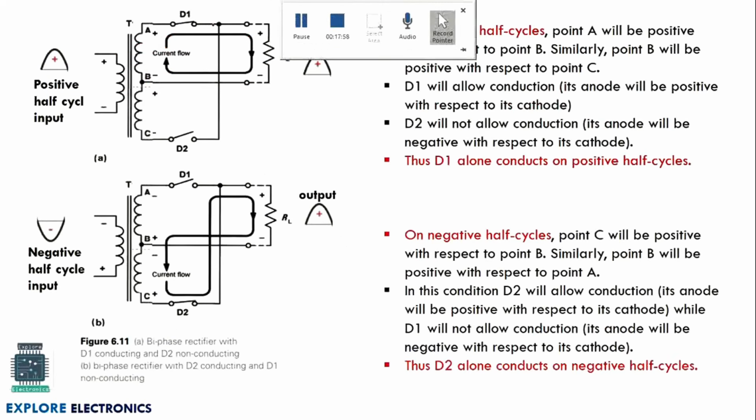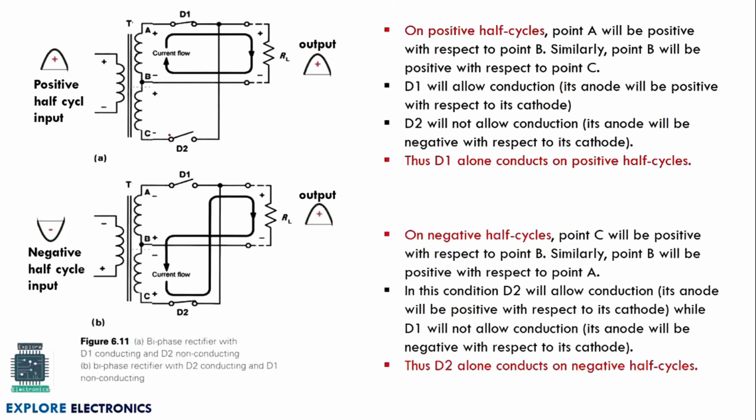Here we will be having two diodes, let us call them D1 and D2. When the positive half cycle of the input is given to the primary coil of the transformer, it makes the diode D1 forward biased and D2 reverse biased. Because of the center tap, D1 will treat that as a positive signal and D2 will treat that as a negative signal.